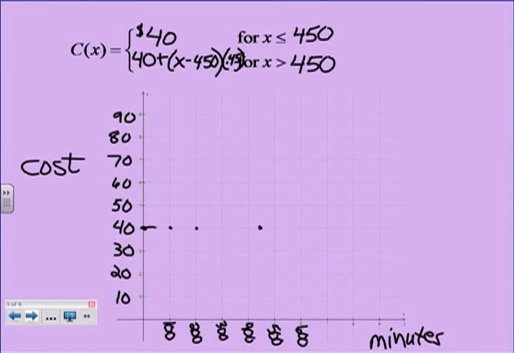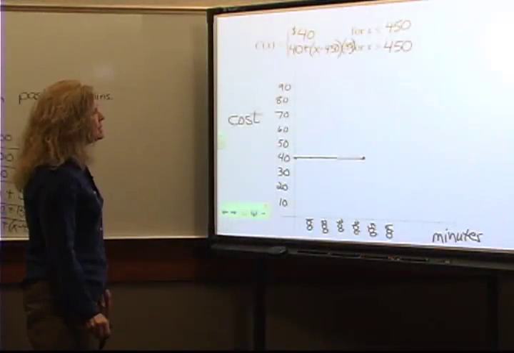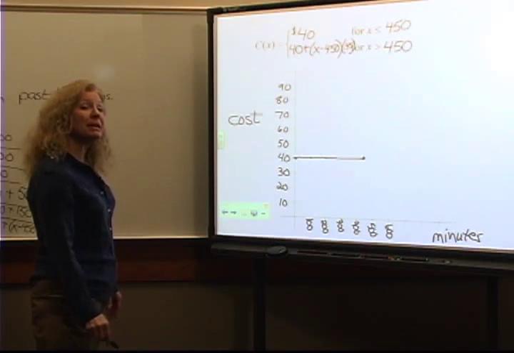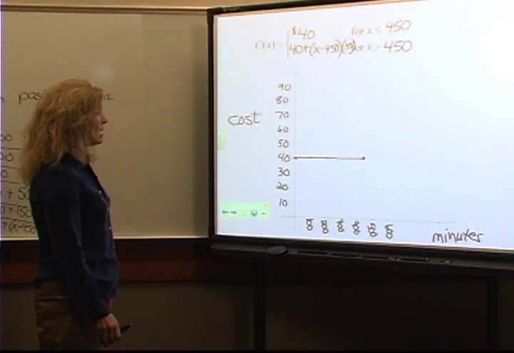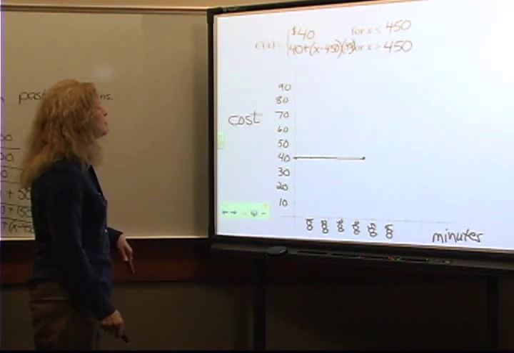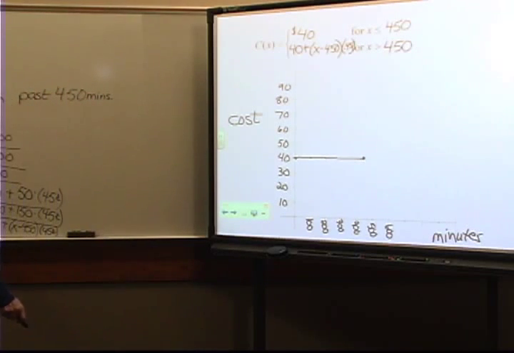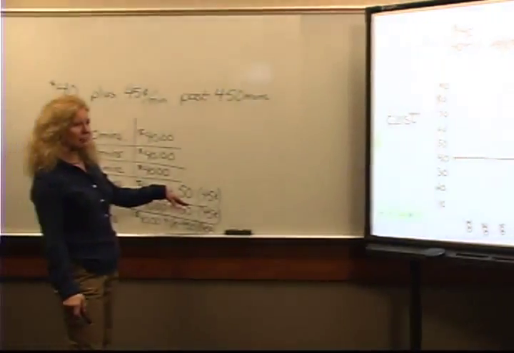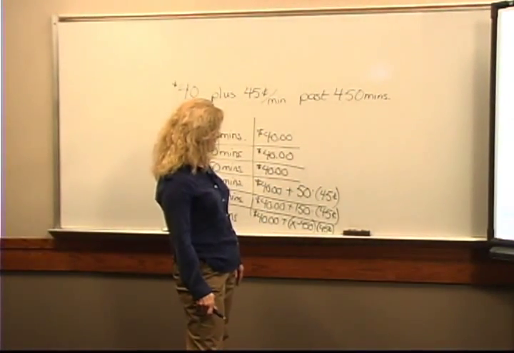So we would draw a line, in this case it's a horizontal line, and we'd have a nice closed circle there on the end because that endpoint is included. Okay, now let's see what it's going to cost beyond there. Okay, hey, do you realize that essentially it's just going to climb from here? At 500, oh, now I might have to actually do a little bit of arithmetic on that.